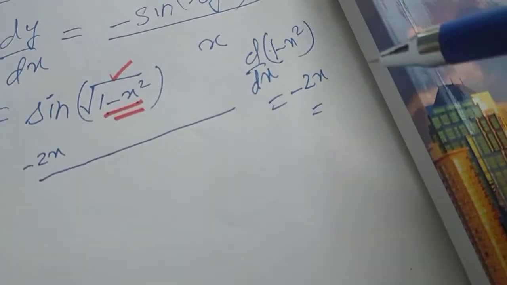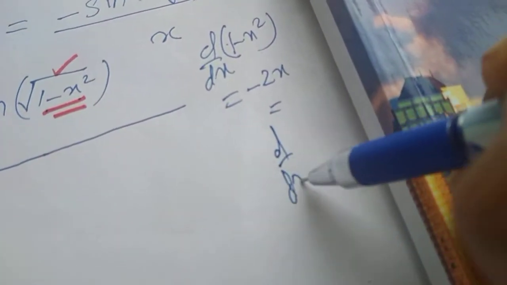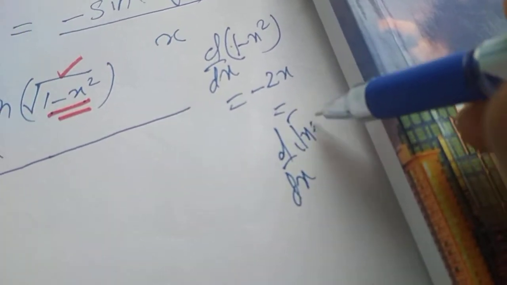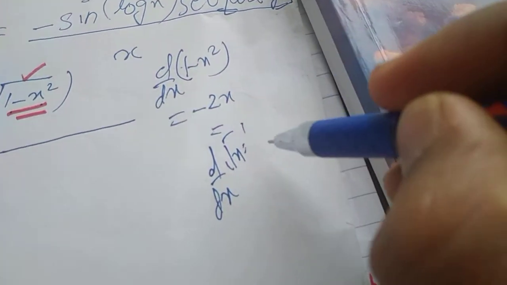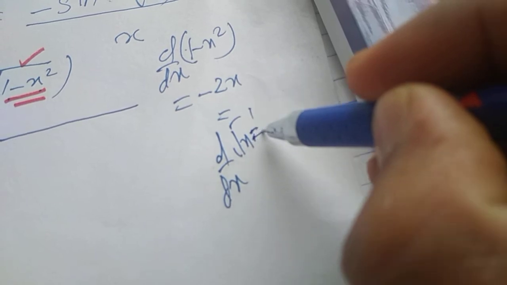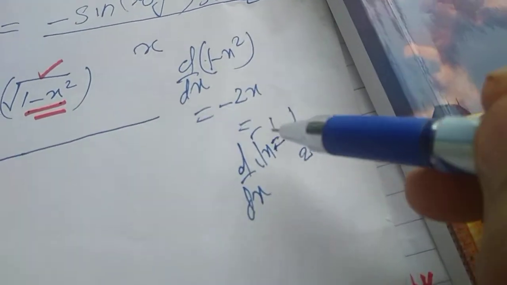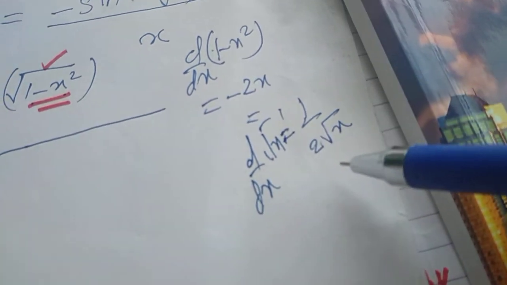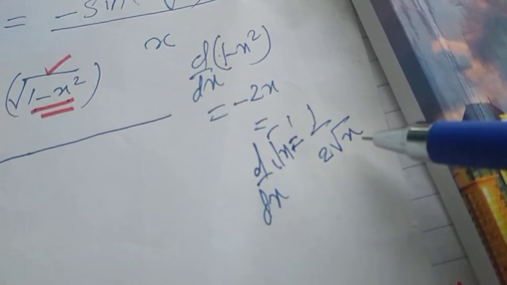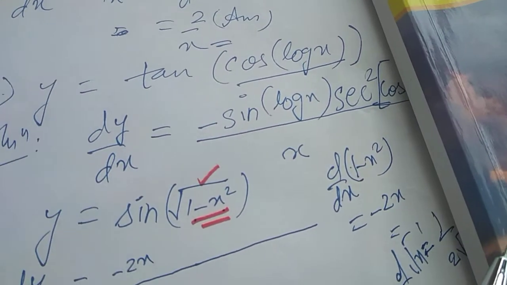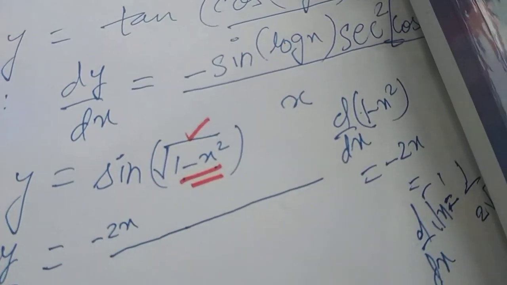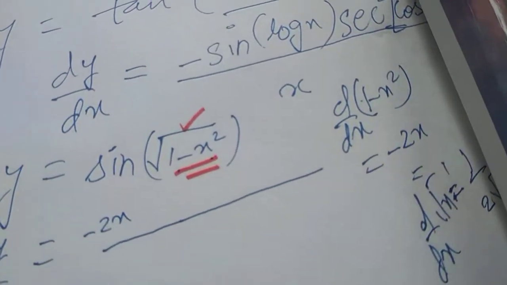What is the derivative of root x? It is equal to 1 upon 2 root x. Whatever is inside the root will come down as 1 upon 2 root of that thing, and then we multiply it by the differentiation of that, which we have already done.